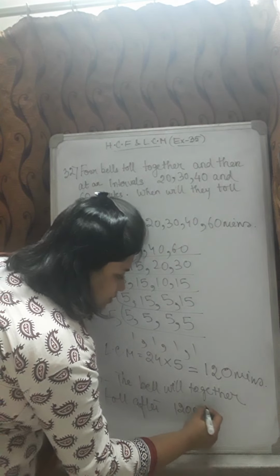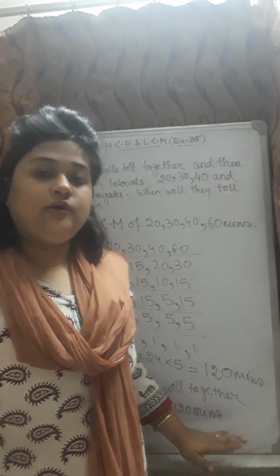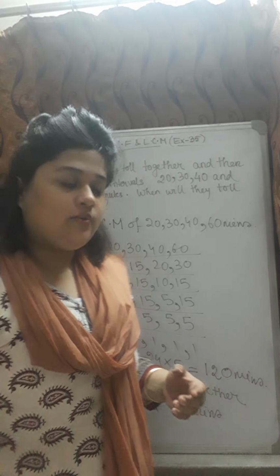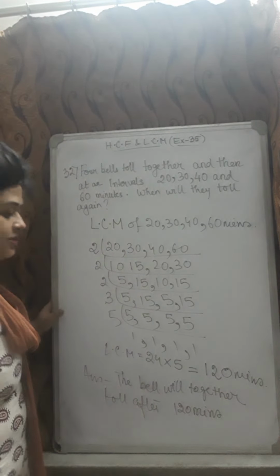And 120 minutes means how many hours? If 60 minutes make 1 hour, 120 minutes will make 2 hours. So you can convert your answer and write 120 minutes or 2 hours.